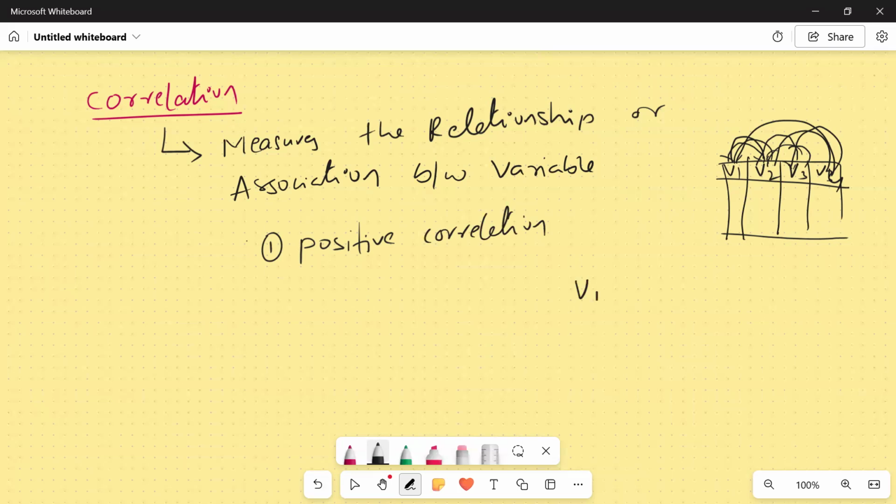For example, we have V1, that means feature one, and one more feature, V2. If you increase the values of V1, V2 also increases, directly proportional.